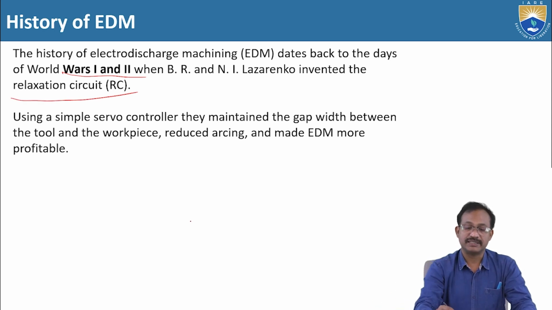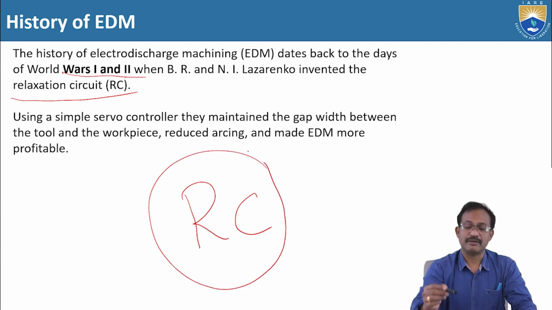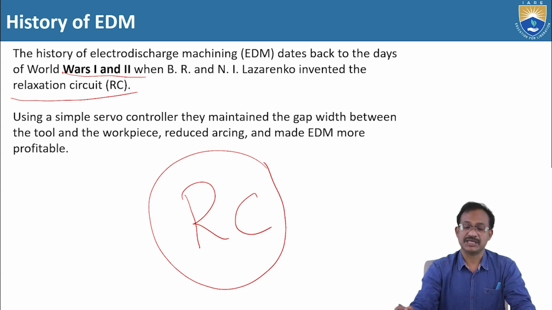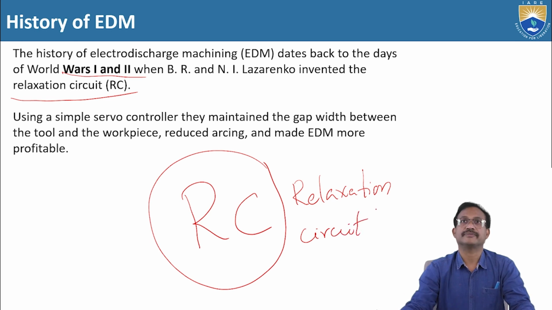Now this relaxation circuit RC is an important parameter for the electrodischarge machining mechanism. What is RC? Relaxation circuit.